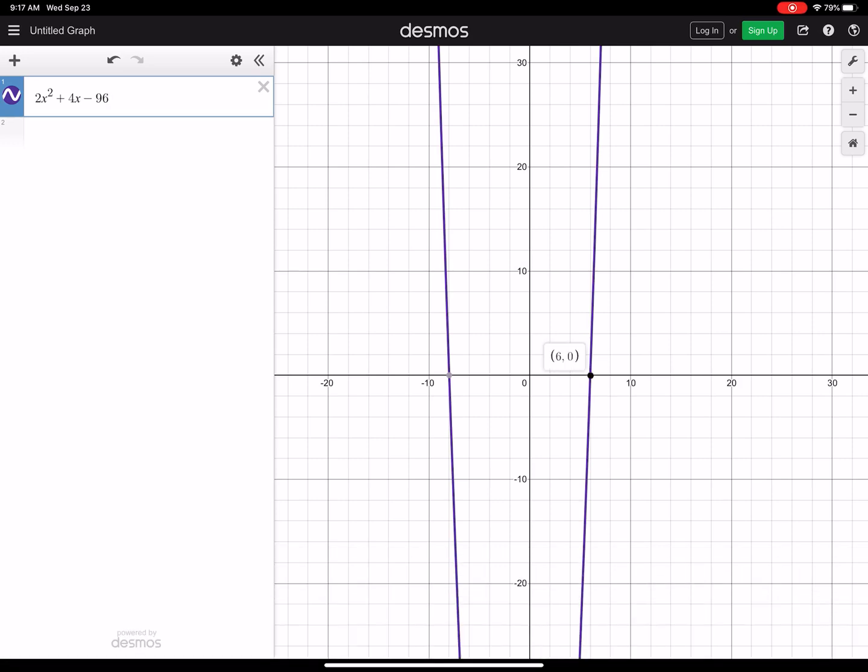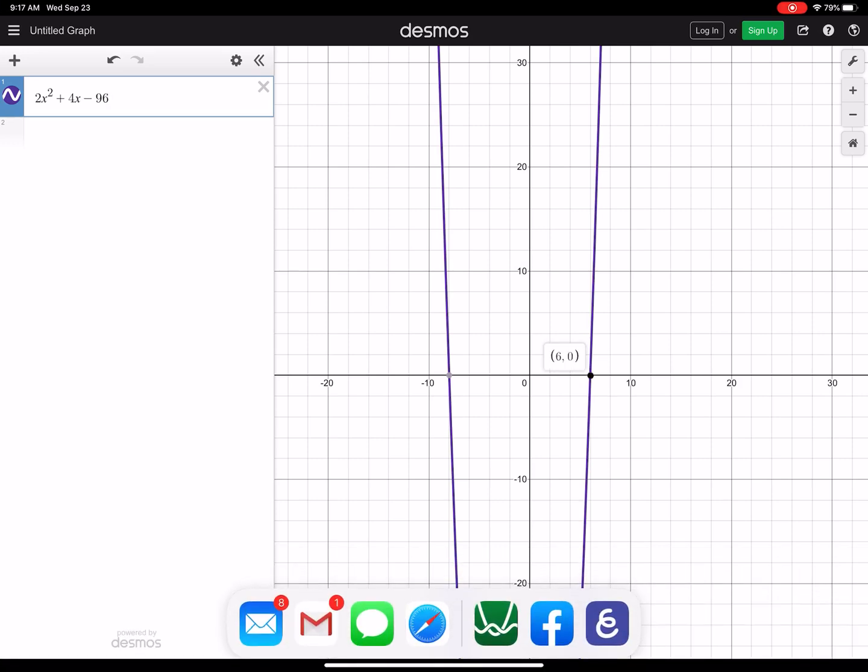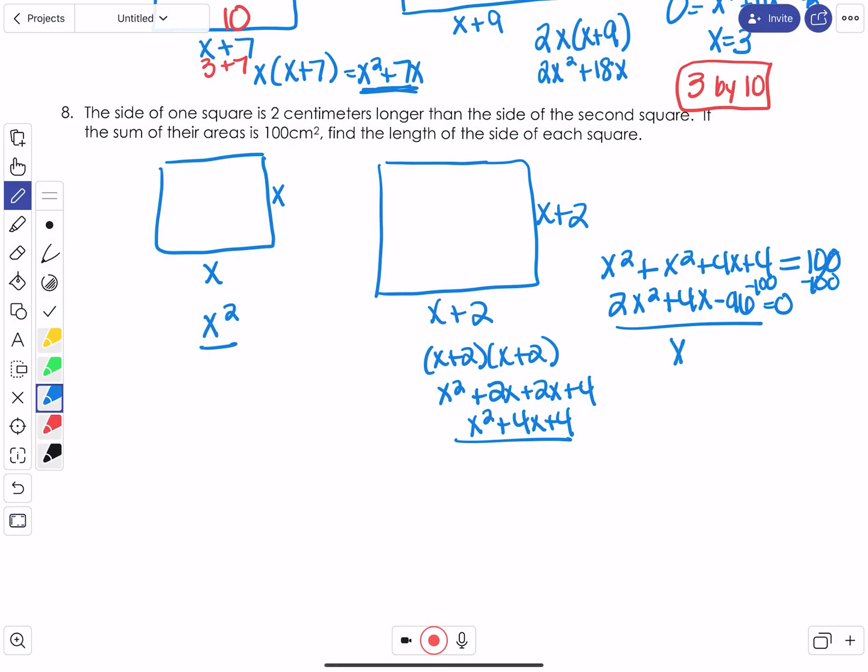We just want the positive. My x is 6. Okay, x is 6. Okay, and it's asking the length of the side of each square. Okay, so 6 and 6. And if that was 6, that means this is 8 and 8. Okay, so the smaller square was 6, and the larger square would be 8.